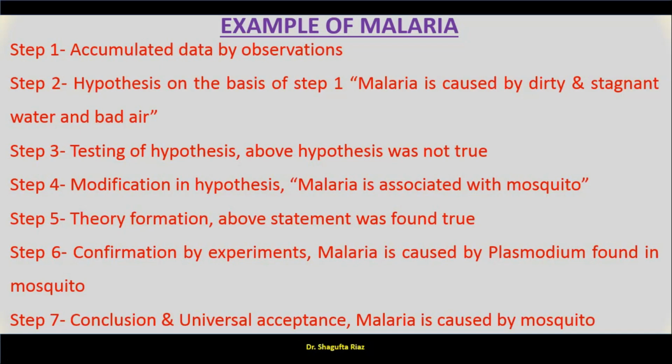Then they concluded that malaria is caused by plasmodium, and the plasmodium was also present in the mosquito. That's why it is spreading in humans.